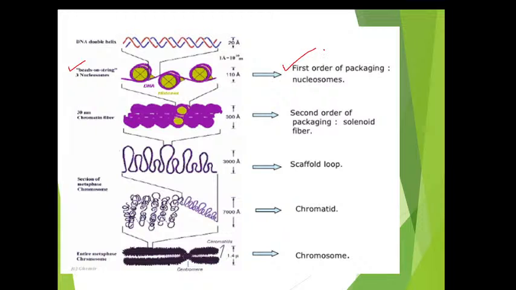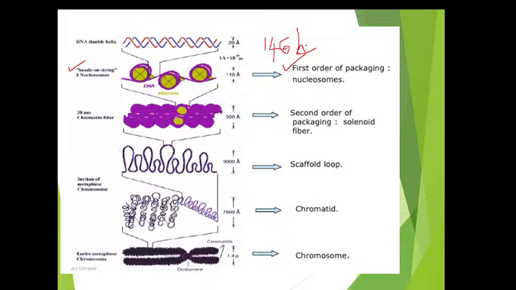So the nucleosome is the basic structural unit of a chromosome, in which the DNA is wound around the octamer. The nucleosome consists of a nucleosome core particle formed of a histone octamer, which is wrapped around by the DNA helix, and this DNA helix has a length of about 146 base pairs.